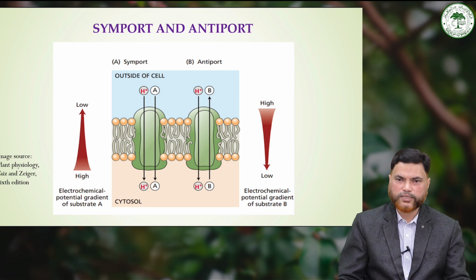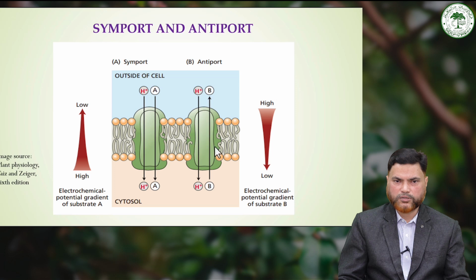In symport, the energy dissipated by a proton moving back into the cell is coupled to the uptake of one molecule of substrate, for example sugar, into the cell, and the carrier protein involved is known as the symporter protein.